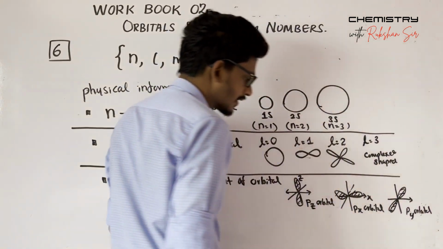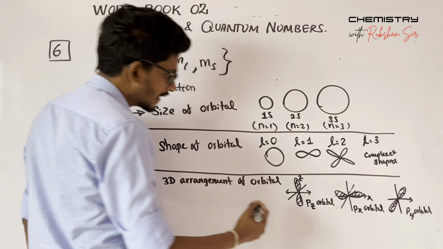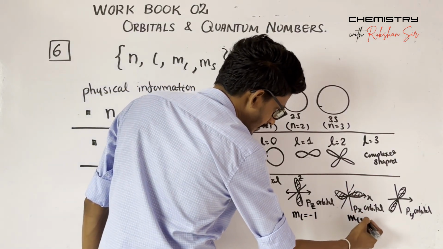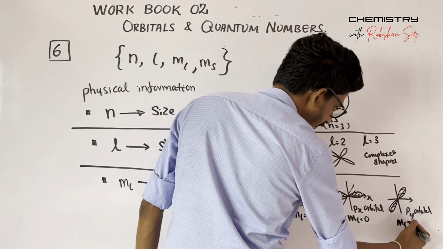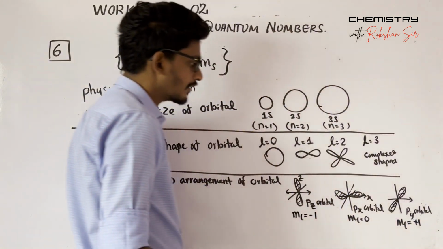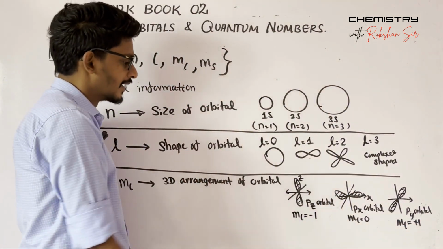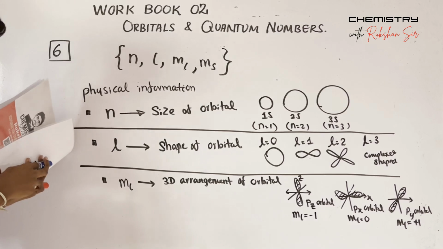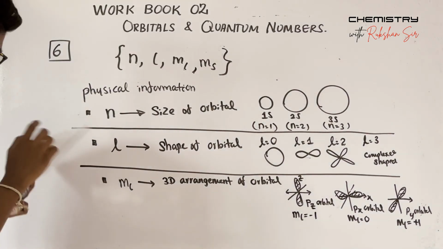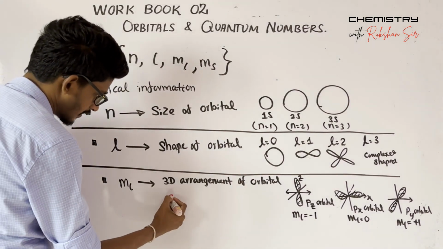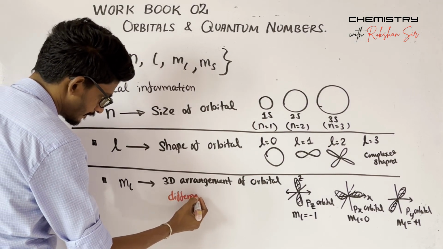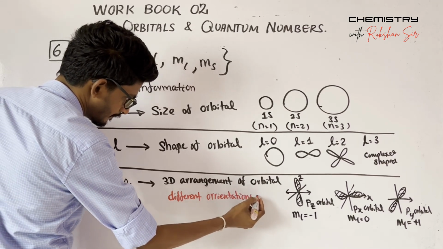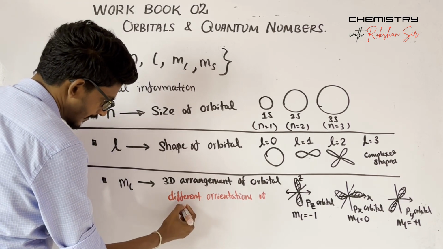These orbitals will be given by different ml values: ml equals -1, ml equals 0, and ml equals +1. So different ml values give you different orientations of your degenerate orbitals.